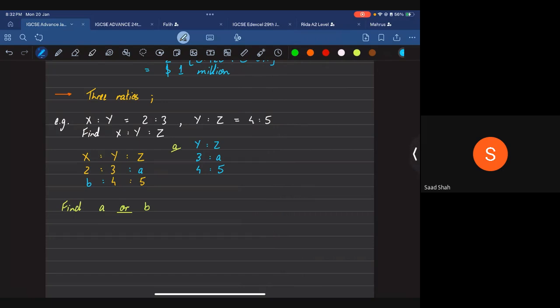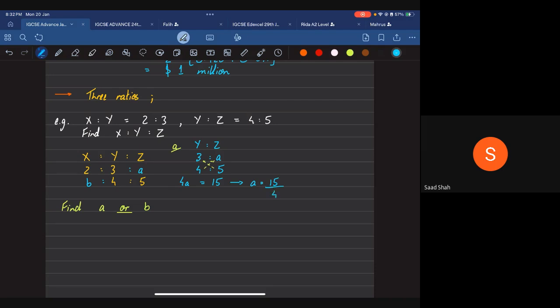Knowing this, what we're going to simply do is cross multiply, as we do with all ratios. Once we cross multiply, you're going to get 4A is equal to 15, which can be further simplified to A is equal to 15 over 4.